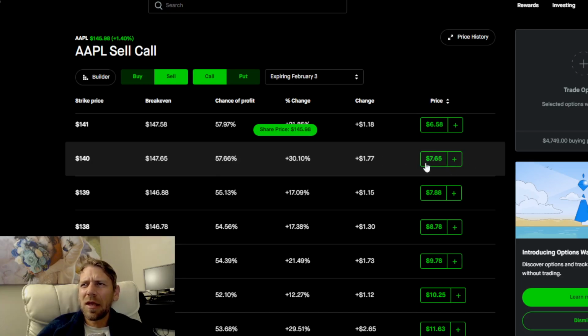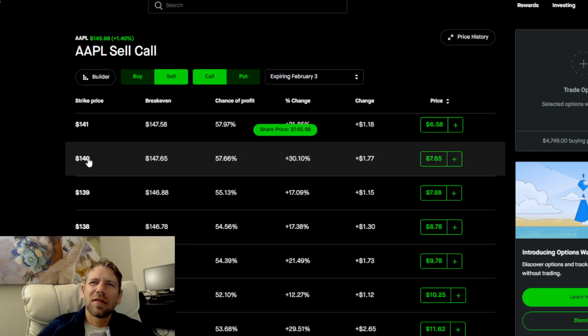However, I do get to keep my $765 if it's any consolation. In fact, Robinhood and a lot of other brokerages are so nice to tell you that your break-even price is $147.65, which is basically the strike price that you've picked plus the premium, right?